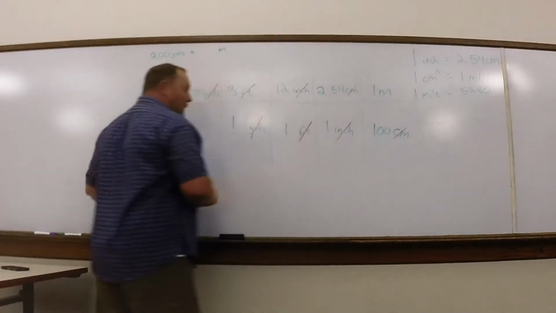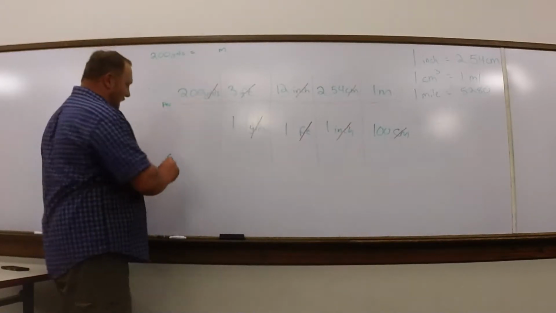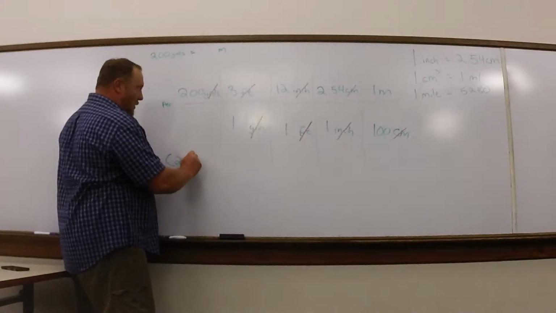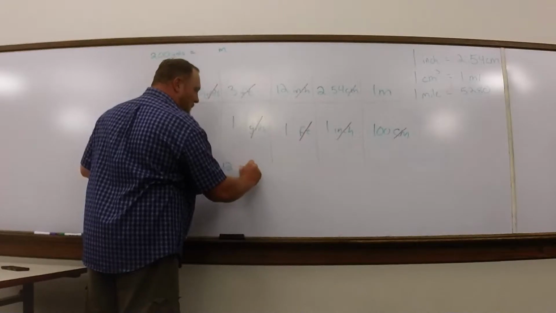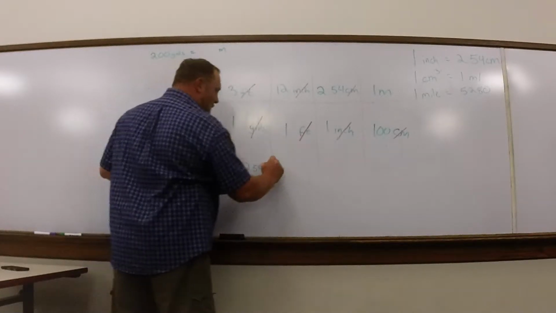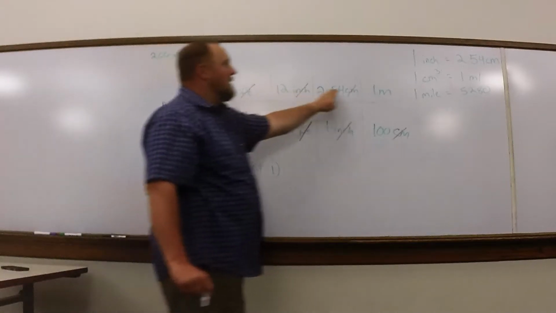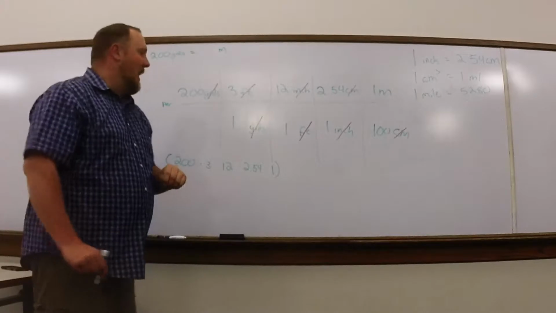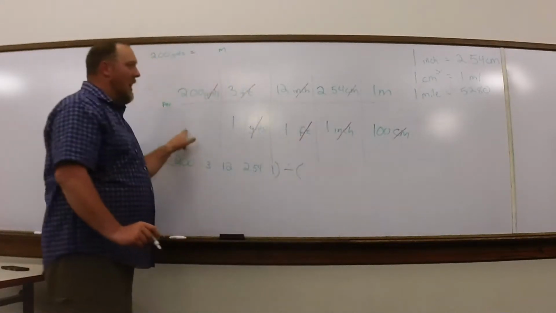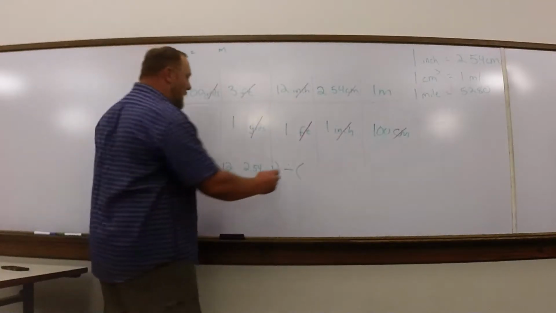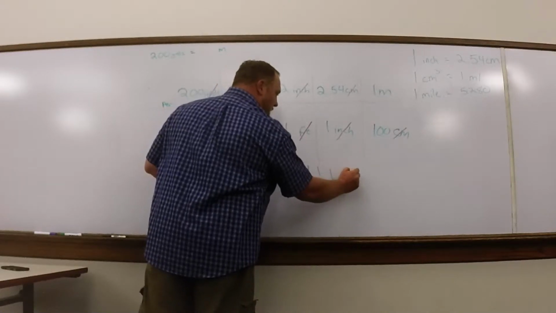Everything on the top line, you will be using your calculators in a parenthesis. So we have open parenthesis, 200 times 3 times 12 times 2.54 times 1. Close your parenthesis. Everything gets multiplied across the top, and then it is divided by, open a parenthesis, everything multiplied across the bottom. 1 times 1 times 1 times 100.